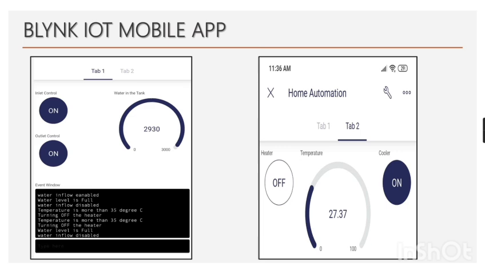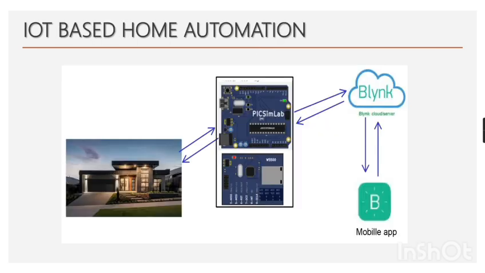So using the Blynk account, we can control the device from anywhere. We also learn how to integrate Blynk into our project. And this is the IoT based home automation using Arduino IDE, PICSimLab simulation and the Blynk cloud server. By connecting the mobile app, we can control garden lights, temperature systems, and water volume.